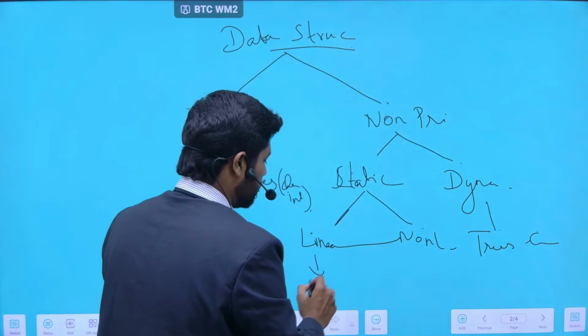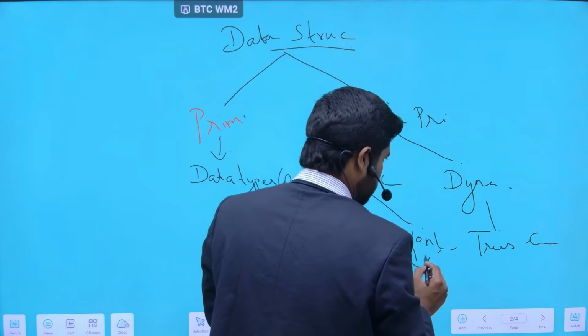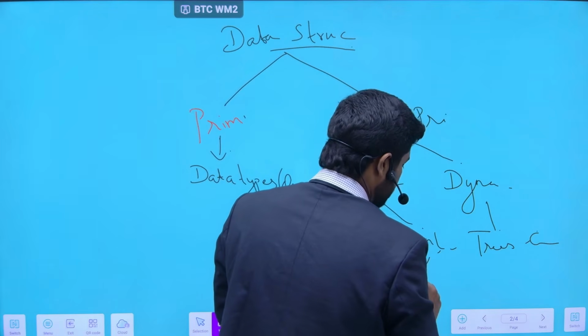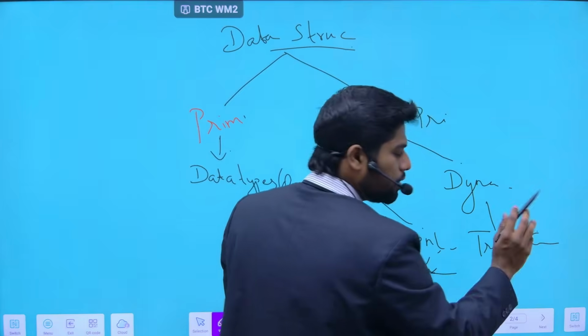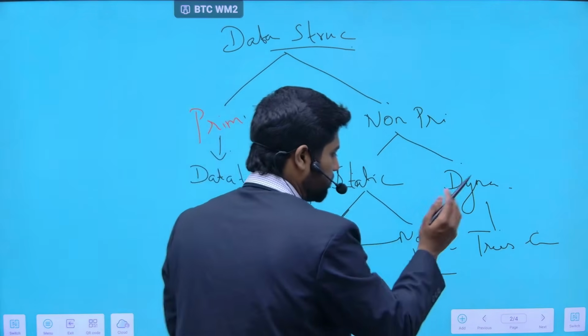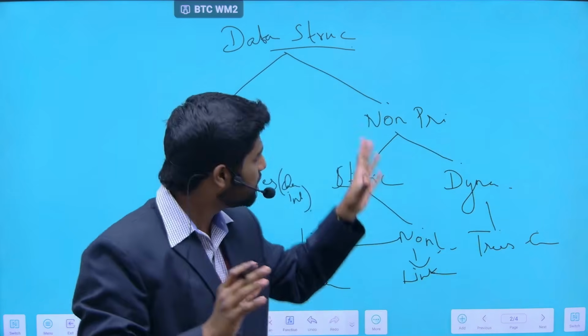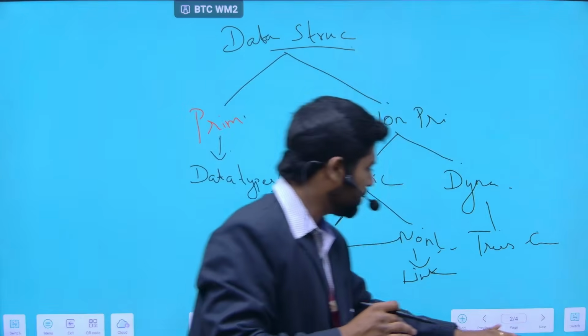In linear, arrays. Non-linear you will have linked lists, queues, stacks, everything. This is just an outline of how data structures are divided.